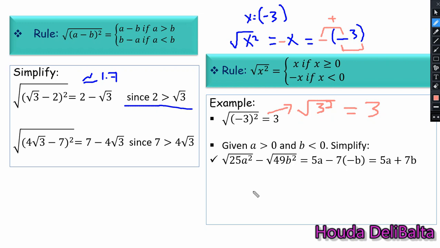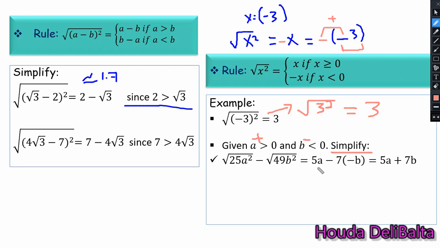Now here, if I have variables a that is positive, greater than 0 means positive, and b that is negative, less than 0, and I have to simplify this expression: radical 25a squared minus radical 49b squared. Now let's apply this rule. Radical 25 is going to be 5. A squared, because it's positive, we keep it as it is.